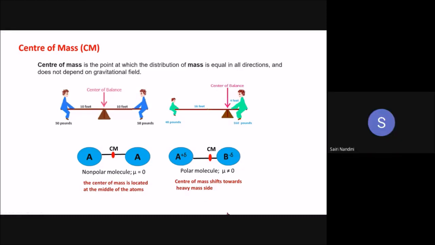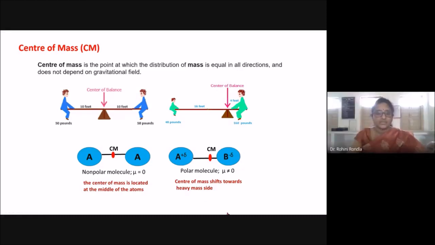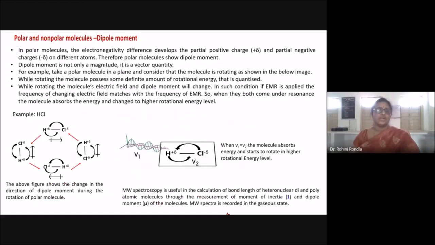Yes, ma'am. Okay, next let us see the type of polar and non-polar molecules. You know that polar and non-polar molecules, if there is any electronegativity difference between two atoms in a molecule, the charge separation takes place. Partial positive charge and partial negative charge will develop on these atoms.